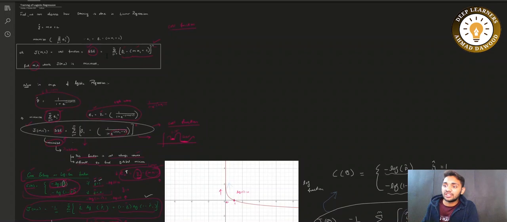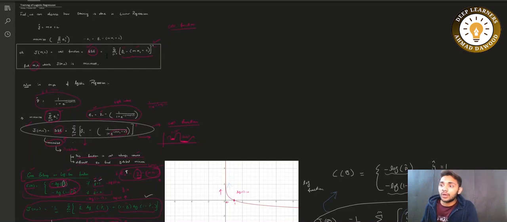We have used cross entropy loss as a cost function. When you use cross entropy, you cannot get a closed form solution, but you can get a solution by using gradient descent.